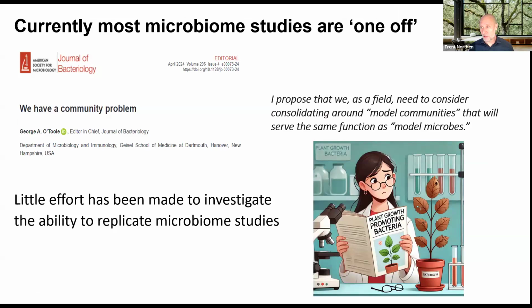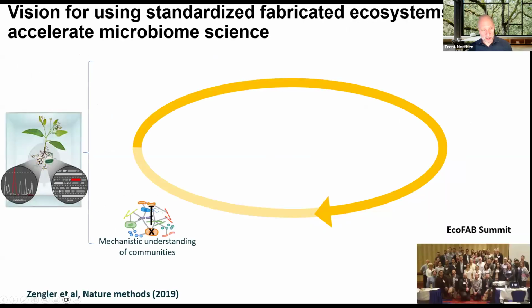And so you can't also read a paper and then replicate it and build on it. And this has been recognized notably by this commentary from the chief editor of the Journal of Bacteriology, which says, I propose that we as a field need to consider consolidating around model communities that will serve the same functions as model microbes. And this is something that we've been working on for a long time.